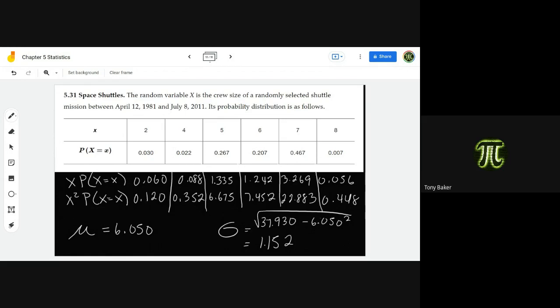I'm trying to figure out why mine's coming out wrong.